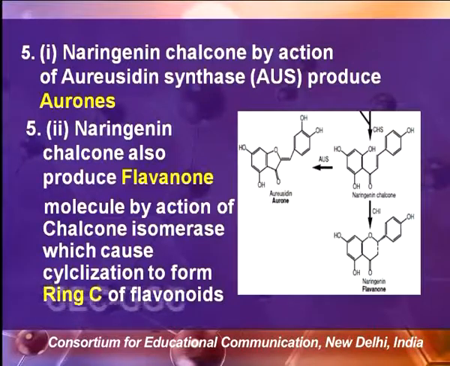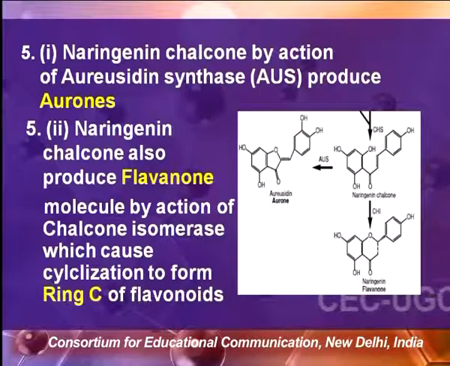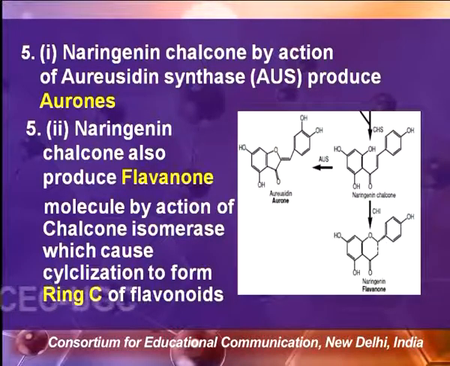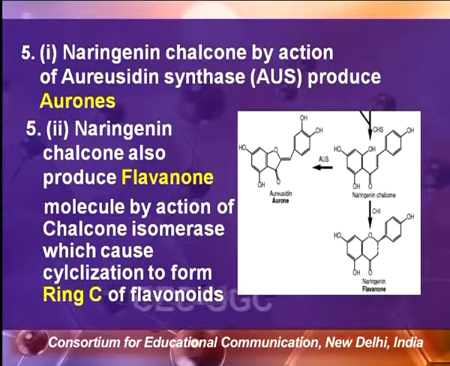So in step 5, naringenin chalcone again acts as a branching point, and by the action of aureusidin synthase enzyme, it gives rise to aurones. Whereas it is also acted upon by another enzyme known as chalcone isomerase, which causes the cyclization of the open ring in the naringenin chalcone, and it gives rise to a type of flavonoids known as flavanones.